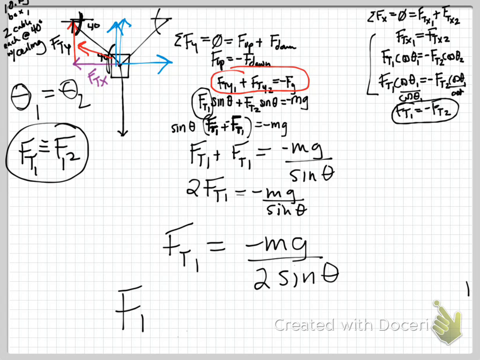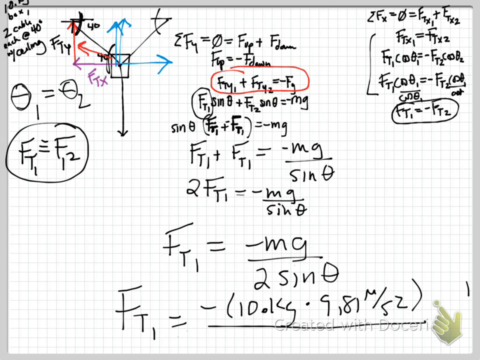Okay, so f of t1 is equal to the negative of 10 kilograms times 9.81 meters per second squared divided by 2 times the sine of 40 degrees.